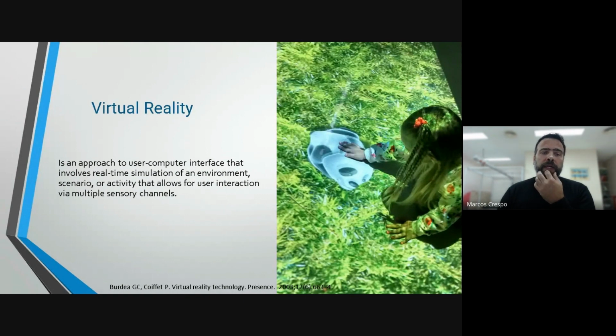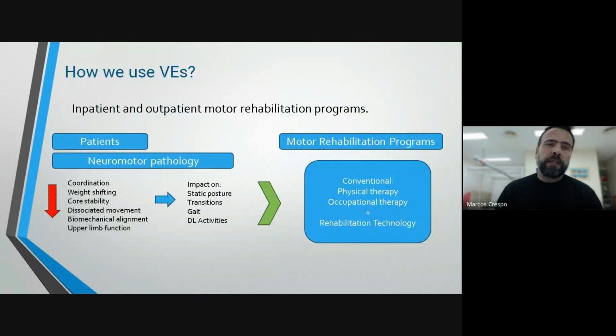That's important, with a lot of stimulus and a lot of interaction via multiple sensory channels. This is a formal definition of virtual reality. And now it's important to understand how we use these systems in rehabilitation.